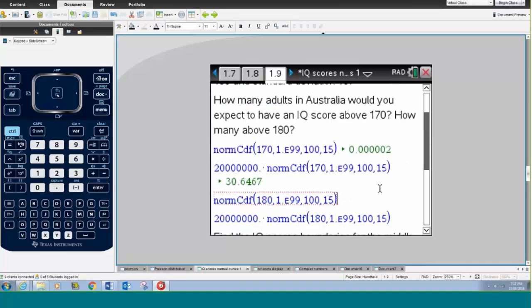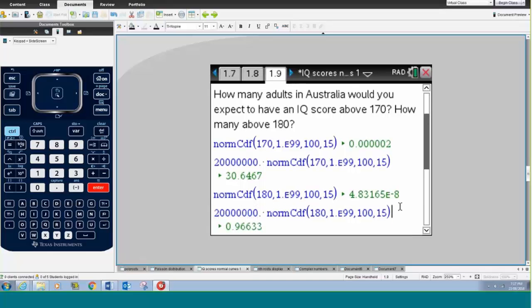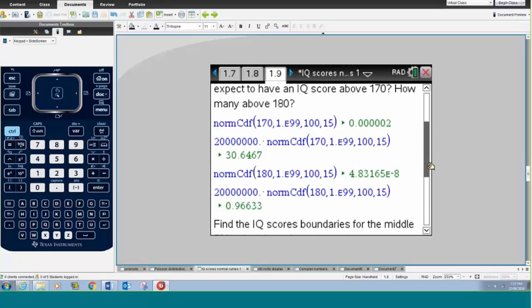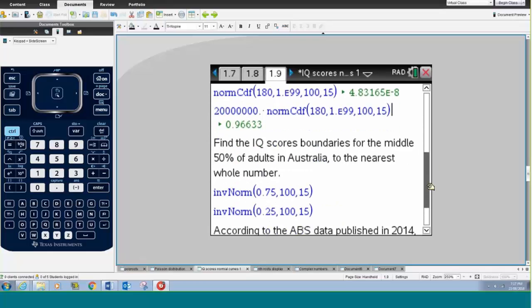Now if we go over 180, the probability is quite small, and we would only expect about 1%.